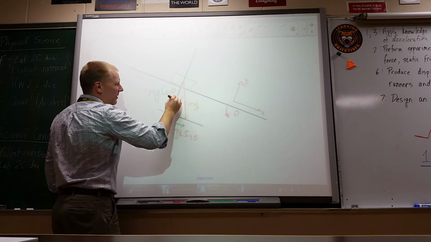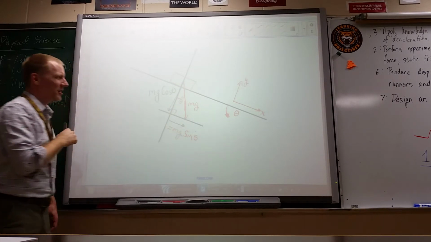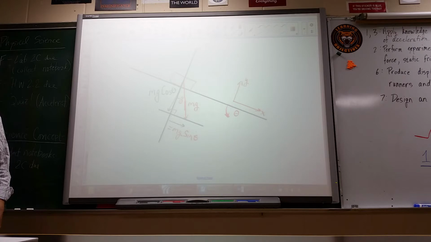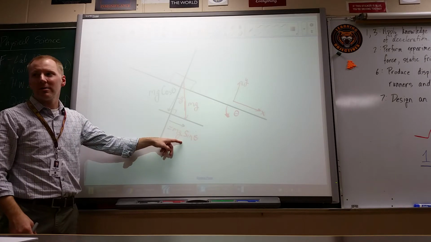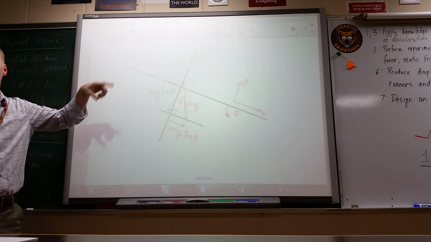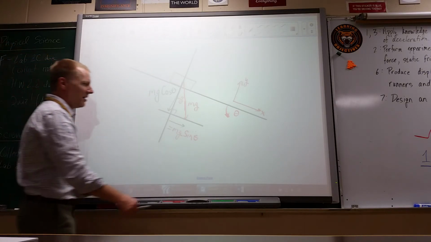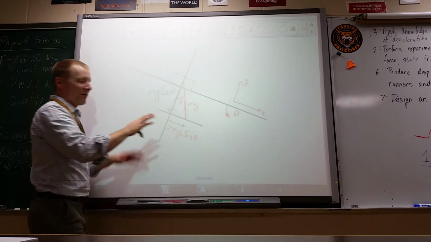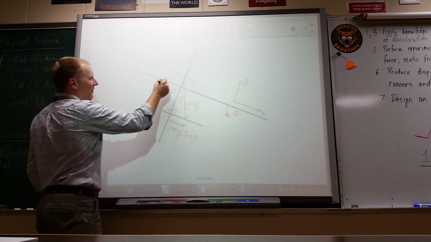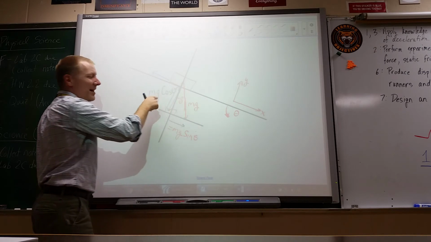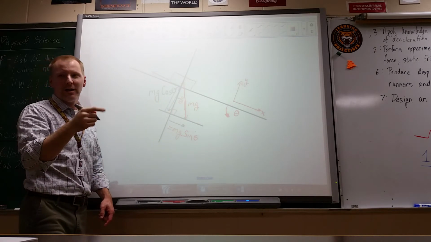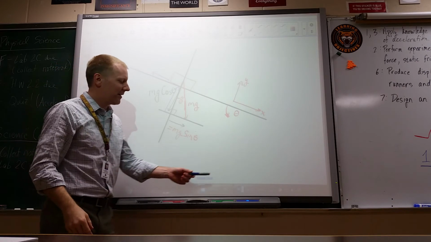So that gives me the amount of force actually going perpendicularly into my ramp. These are the two that are going to be important to us when we're trying to solve any of these equations, because if this were just sitting here, I'd have friction going on the X, I'd have a normal force combating that, and that's what allowed me to write the equations at the beginning of the last lab.